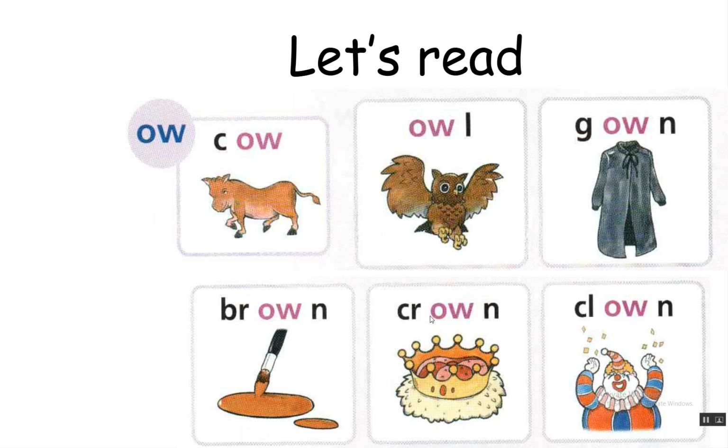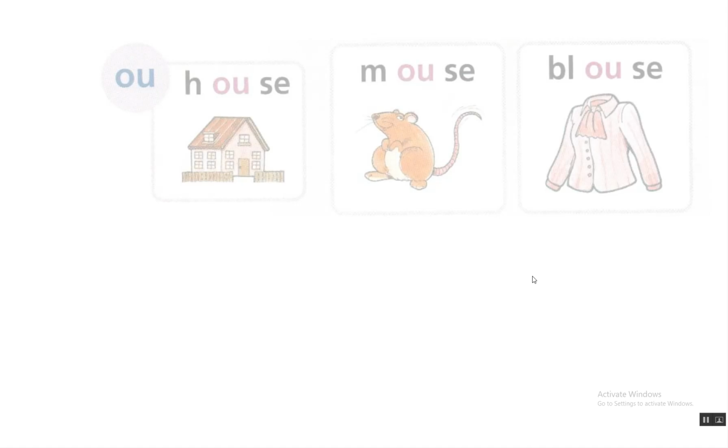Cr, ow, n, crown. Br, ow, n, brown. So you can see that OW usually has L or N at the end. Ow, OW. Let's look at some more.